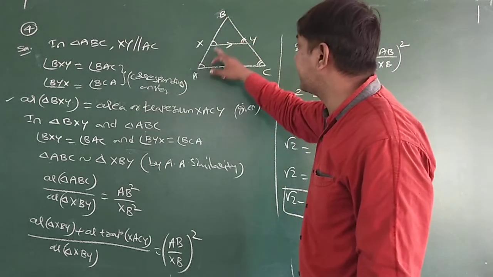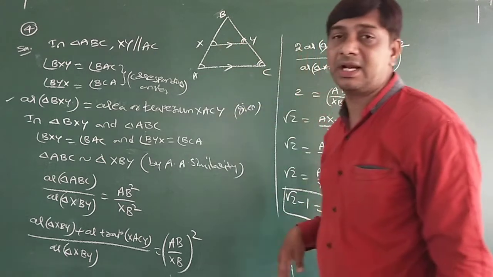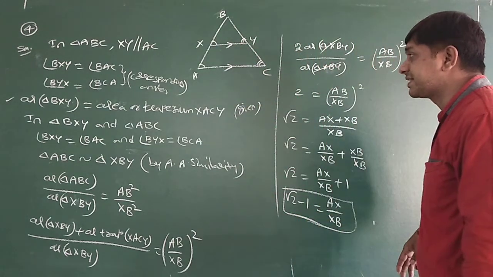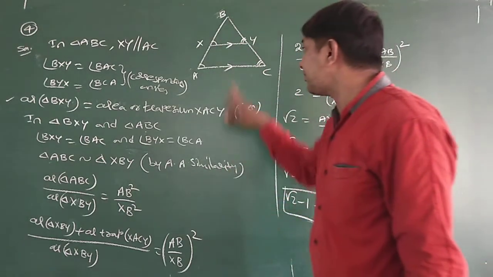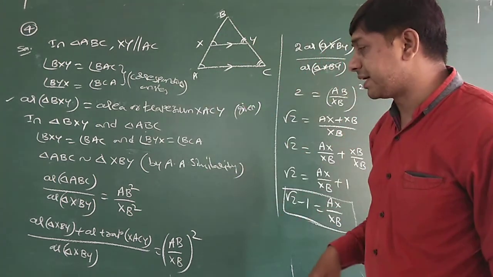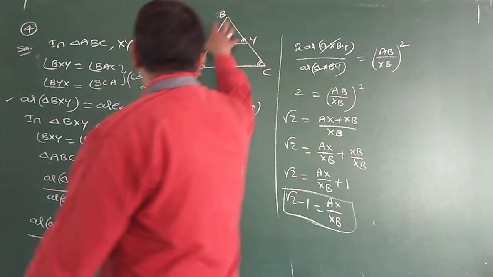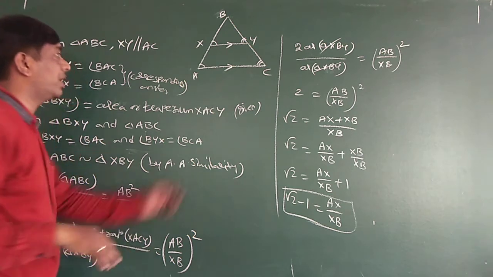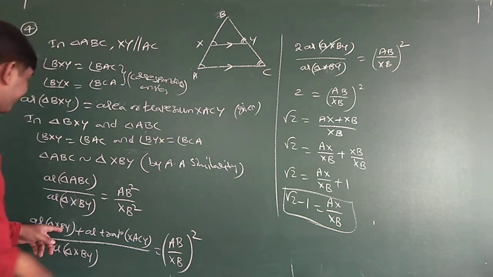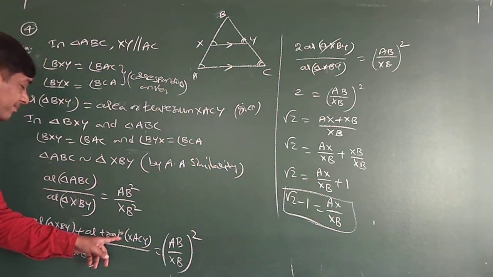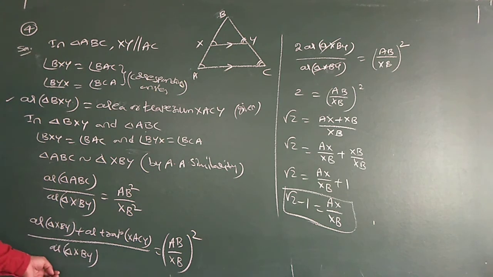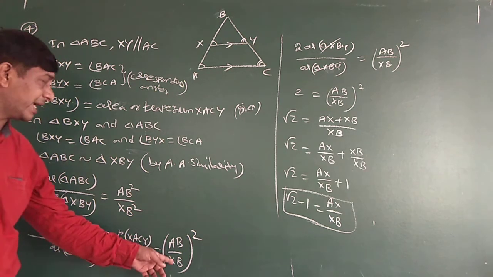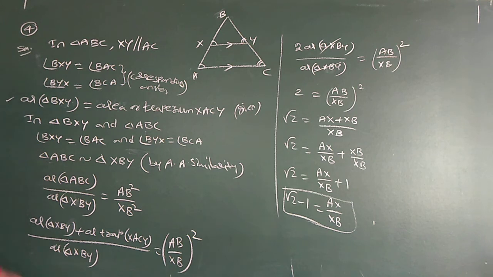Now area of triangle ABC by area of triangle XBY is equal to AB square by XB square. Area of triangle ABC means area of XBY plus area of trapezium XACY, by area of triangle XBY, is equal to AB by XB whole square, as these two areas are equal.